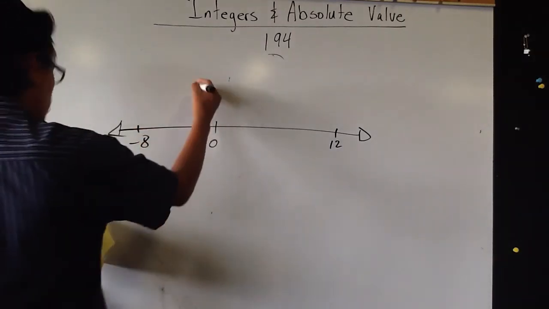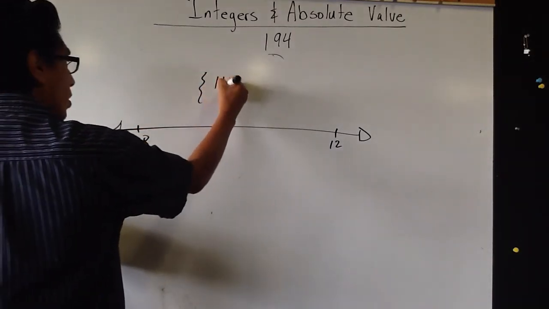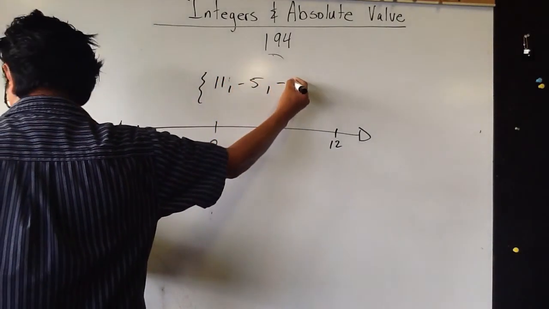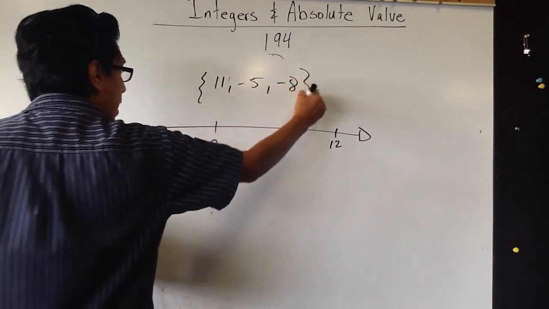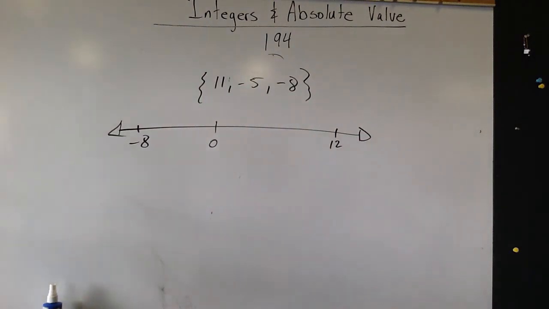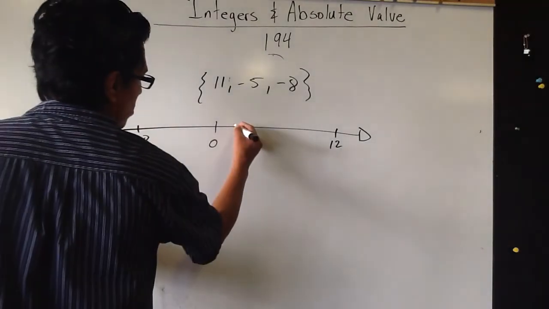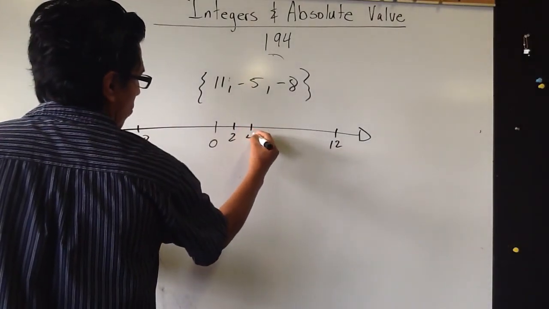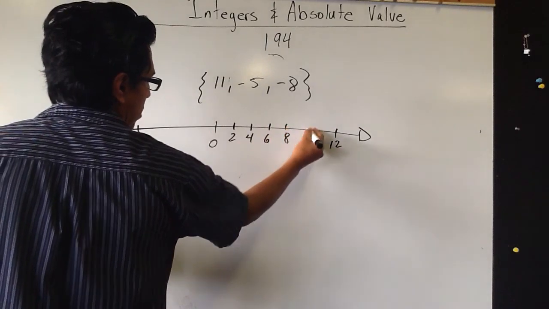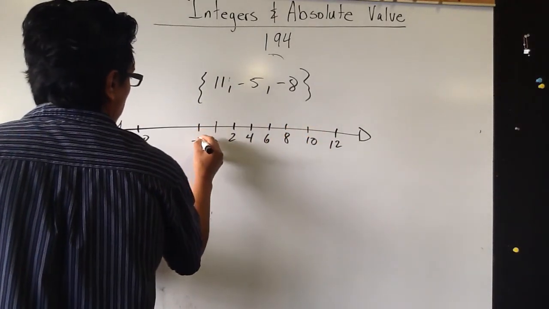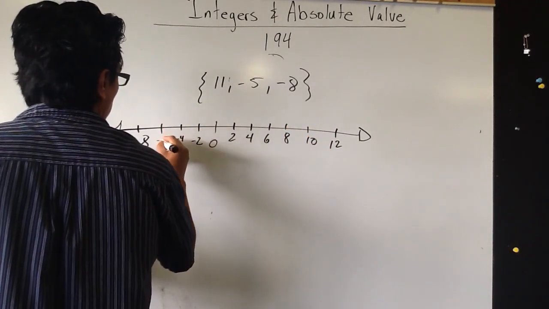And we have a number set of 11, negative 5, and negative 8. They're asking you to plot those on there. If you look at the number line that they've given you, they're multiples of 2. So let's see how good I can do this. 2, 4, 6, 8, 10, negative 2, negative 4, not bad.